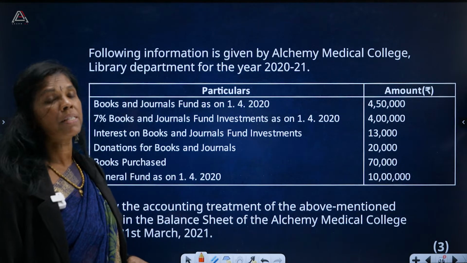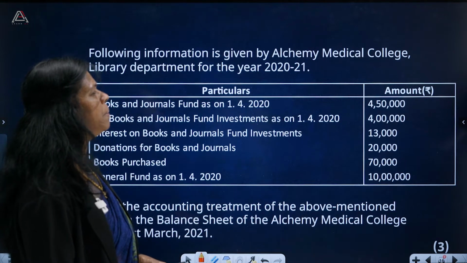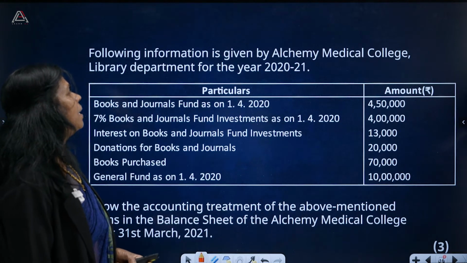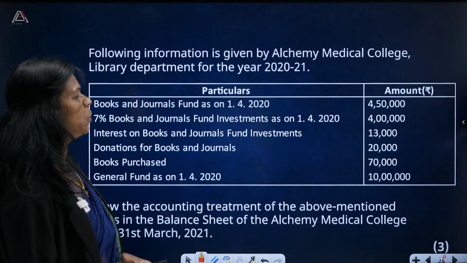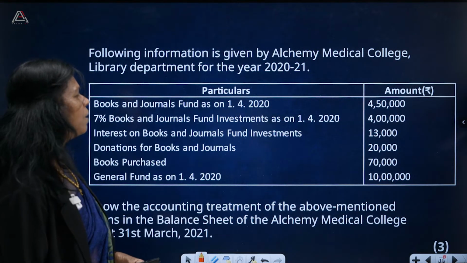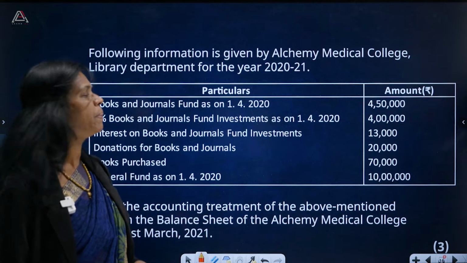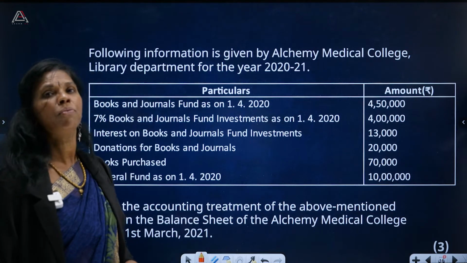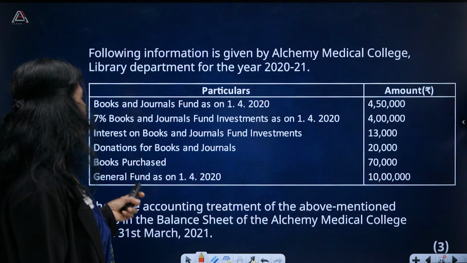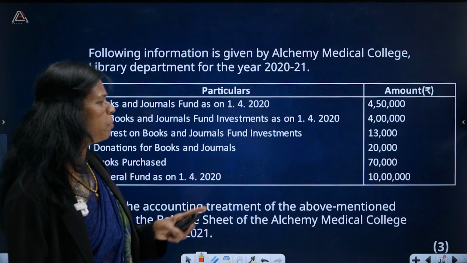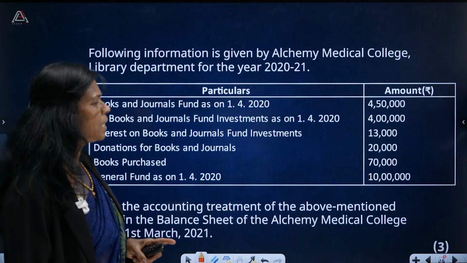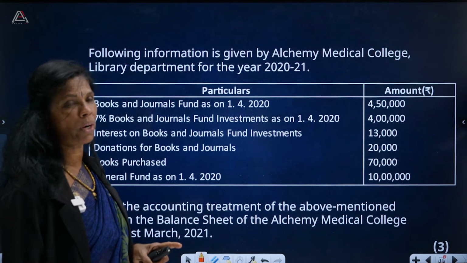Let us see the next question. Following information is given by Alchemy Medical College Library Department for the year 2020-21. Then particulars. Books and Journal Fund as on 1st April 2020, 4,50,000. Then second one, 7% book and journal fund investment as on 1st April 2020, 4 lakh.